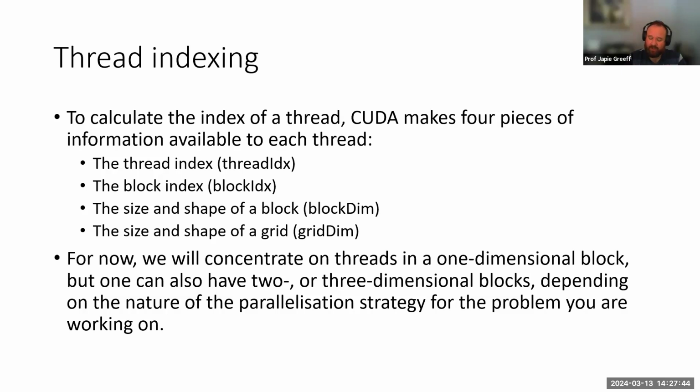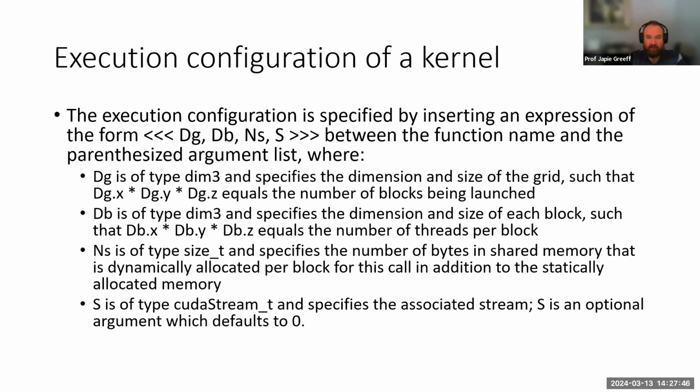Now, when we do the execution configuration, there are 4 variables that we can pass. The first one is the dimensions of the grid, okay? So this is a dim3, so in other words, a 3-dimensional variable that just defines the size of the grid. And this tells us the number of blocks that are being launched.